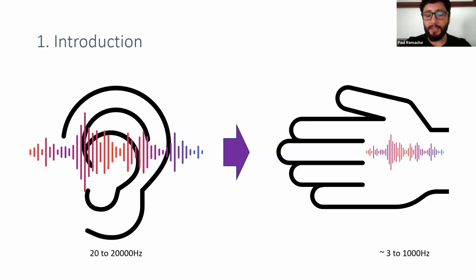Because of this limitation of the frequency range that we can feel through the skin, what we propose is to do something like we can see here in the image. This picture shows that we have an audio file which has the whole frequency range that we can hear, from 20 to 20,000 hertz, and we compress it and bring it to a more limited frequency range, which is in the range that we can actually feel.